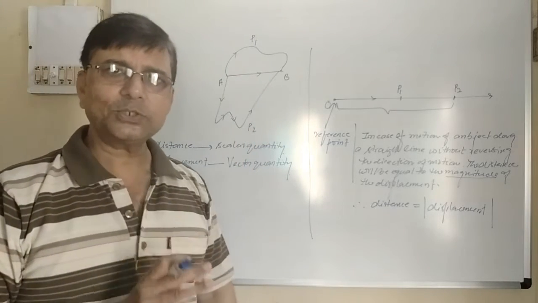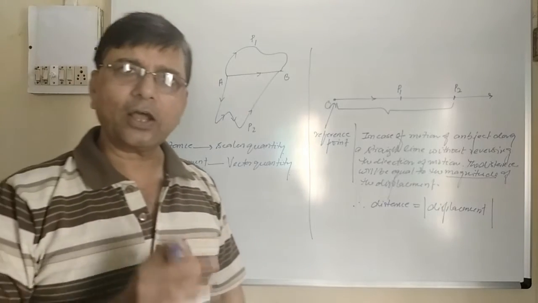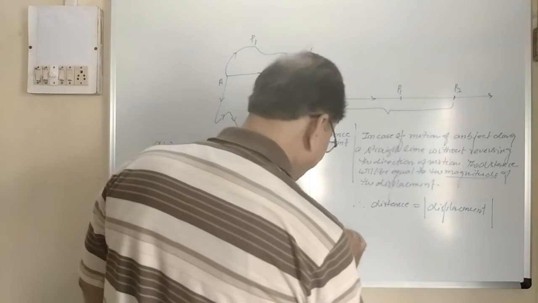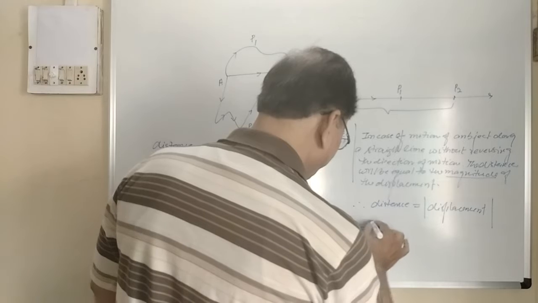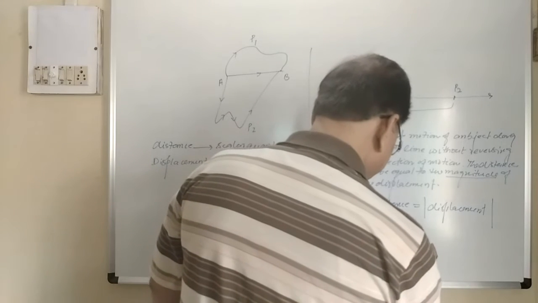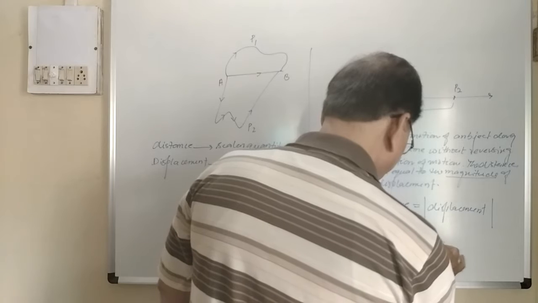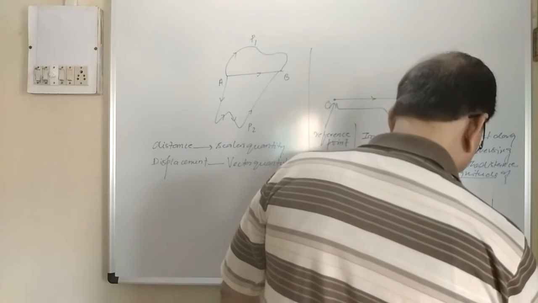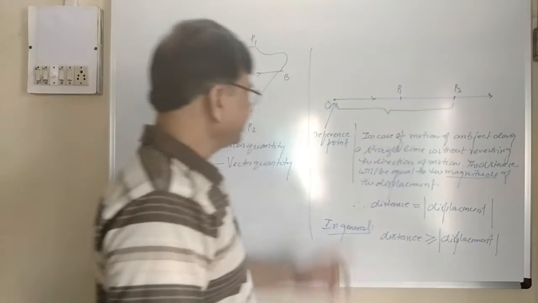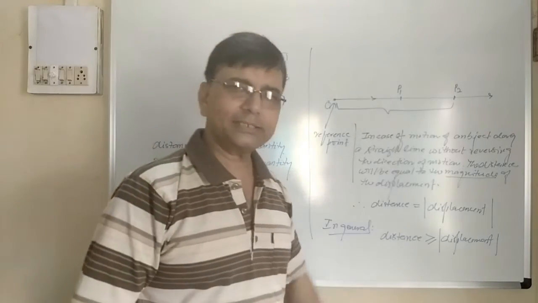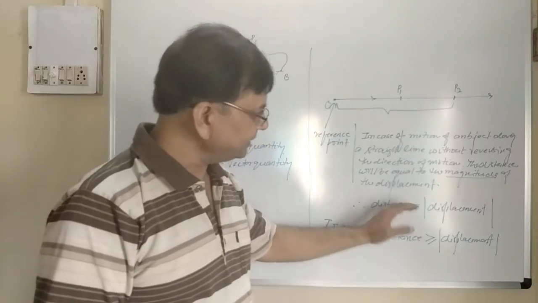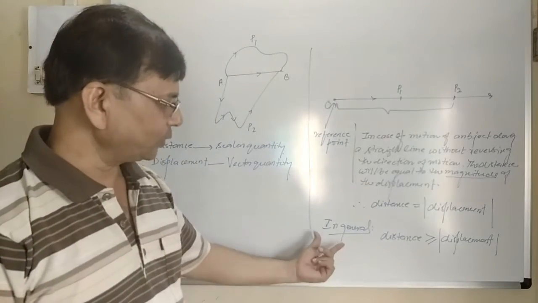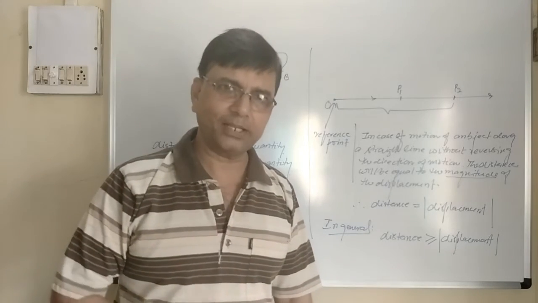It means distance will always be greater than or equal to the magnitude of displacement in general. So we can write, in general, distance is greater than or equal to the magnitude of displacement. It is always greater in the case of curved paths. In the case of straight line motion, this is equal. So in general, taking this and this together, we write this definition about distance and the magnitude of displacement.